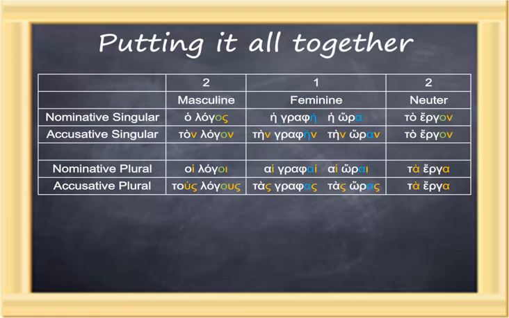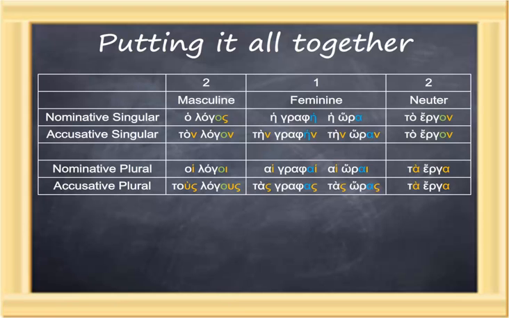In this chart, I've put all the forms together, the article with the noun. And already, I hope you can see how the article helps you out. Remember our difficulty we had with the accusative singular in the masculine and the nominative and accusative singular in the neuter? They all ended in omicron nu, all three forms.